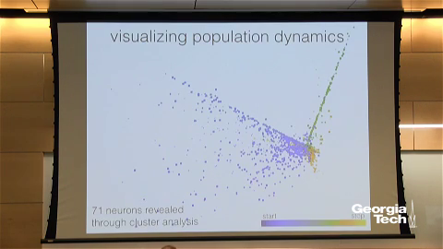This is an example of using a nonlinear dimensionality reduction technique called diffusion maps, applied to these 71 neurons that were revealed through our cluster analysis. What I'm showing here is a 3-dimensional plot of these neural activities after being transformed through this diffusion map strategy. And the colors here now represent either the beginning or the end of the movie.